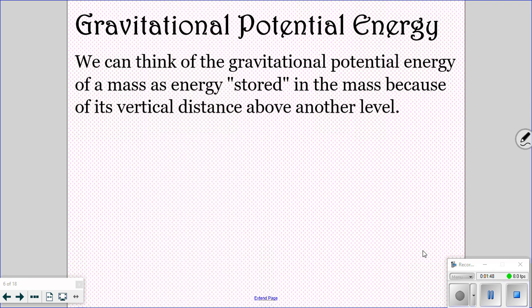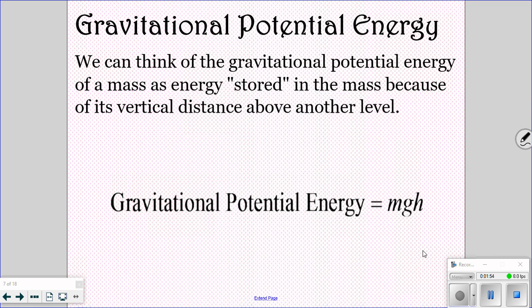So it doesn't have to do anything, it's just the potential to move. So this is your formula. It's the weight times the height. Mass times gravity times height. That is your gravitational potential energy, which they usually write as just that. They don't actually write out gravitational potential energy.